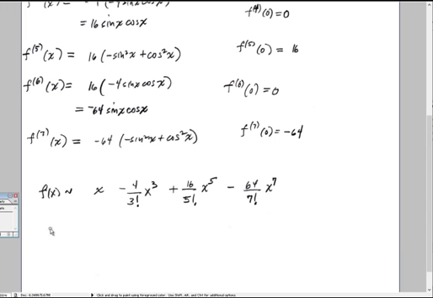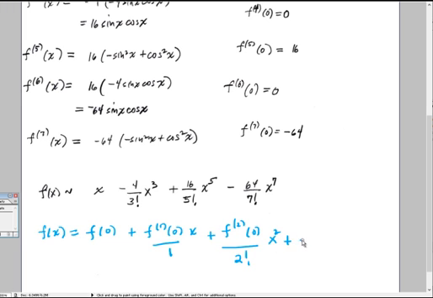Let me just remind you, the polynomial looks like this. This is coming from f of 0, then the first derivative, which you can think of as over 1 factorial, and then the second derivative over 2 factorial times x squared, and it just goes on like that. So we did seven of these terms.